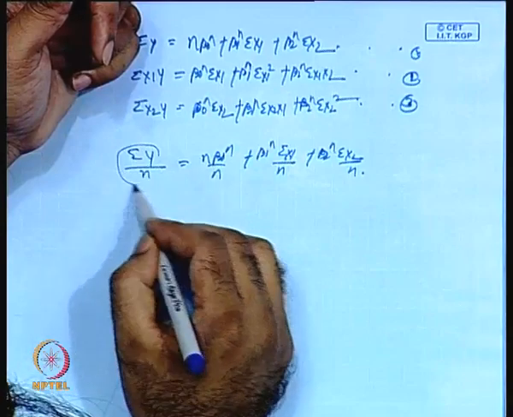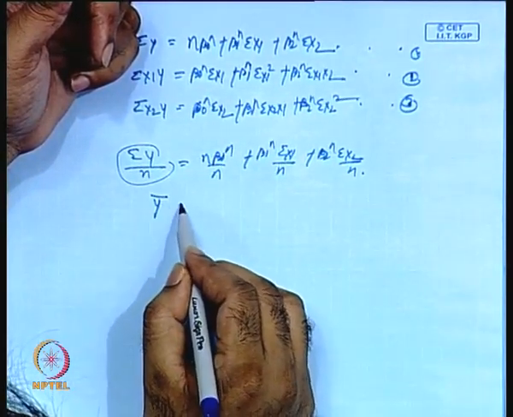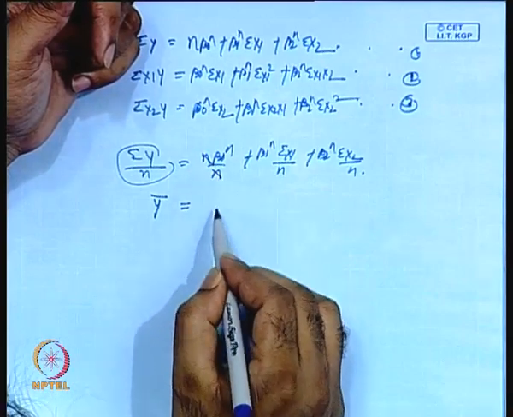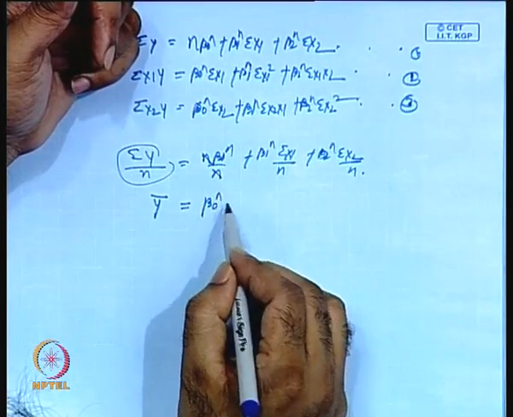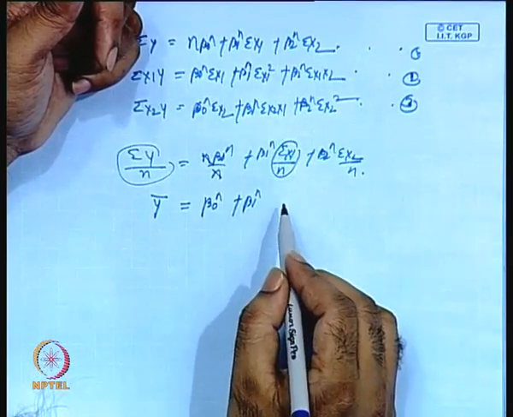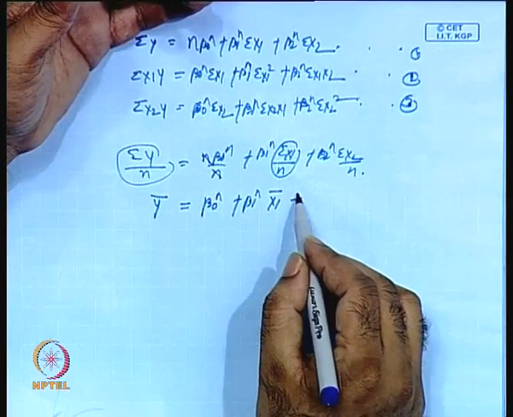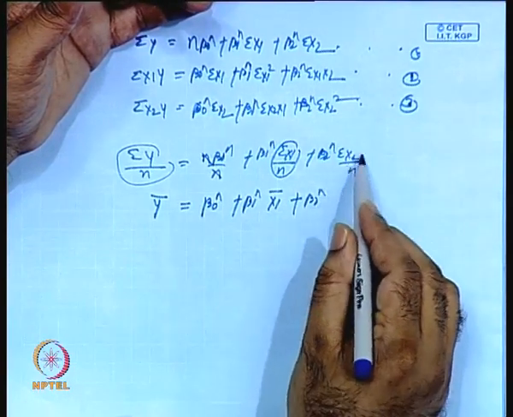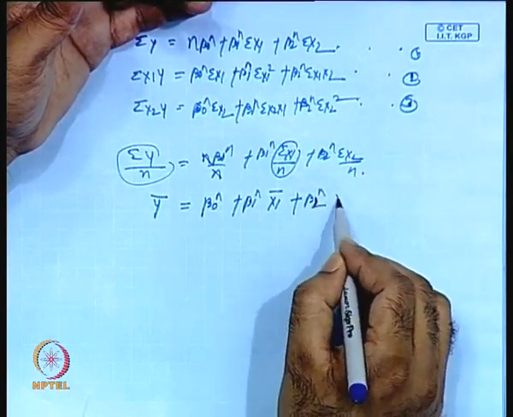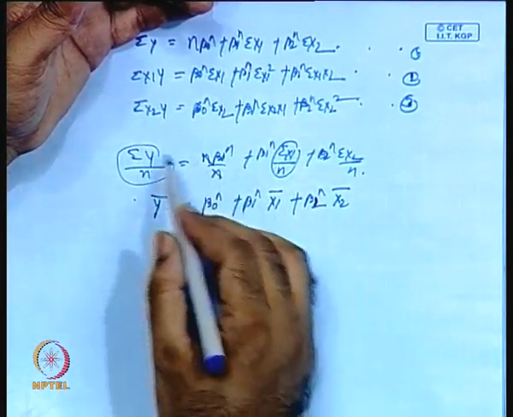Now if you simplify, summation y by n is equal to y bar, this n cancels, so it will give you beta 0 hat plus beta 1 hat times summation x1 by n, which is nothing but x1 bar, then beta 2 hat times summation x2 by n, which is nothing but x2 bar. So this is how the transformation works.